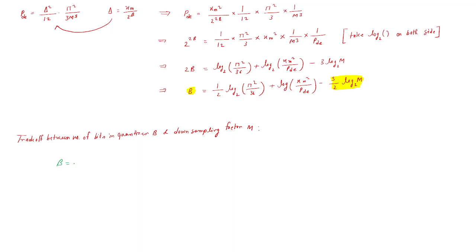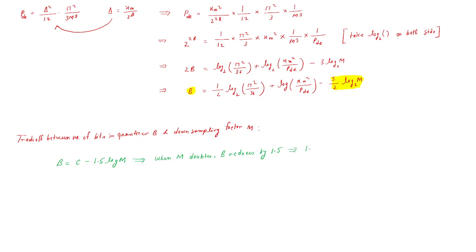So the equation is something like this: B is equal to C minus 1.5 log M. So when M doubles, B reduces by 1.5.